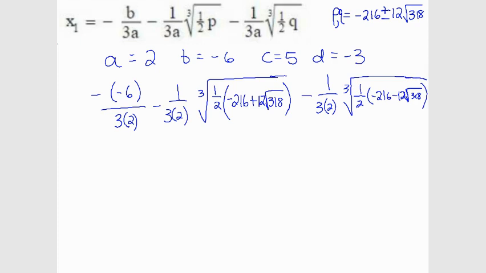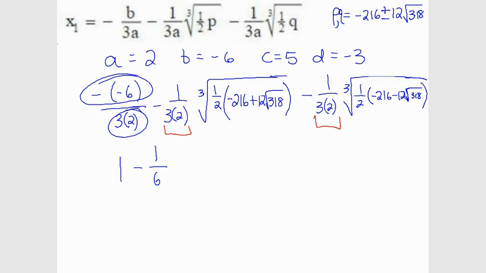There we go. All right, well, this right here is positive 6. Positive 6, that's 1. Minus 1 over 6. And I'm actually going to factor out that 1 over 6 because it's common here and here. Okay? So then we get times cube root of, let's see, we got 216. Half of that would be 108 plus 6 root 318. All right. Plus, because when I factored out the negative here, it became a plus.